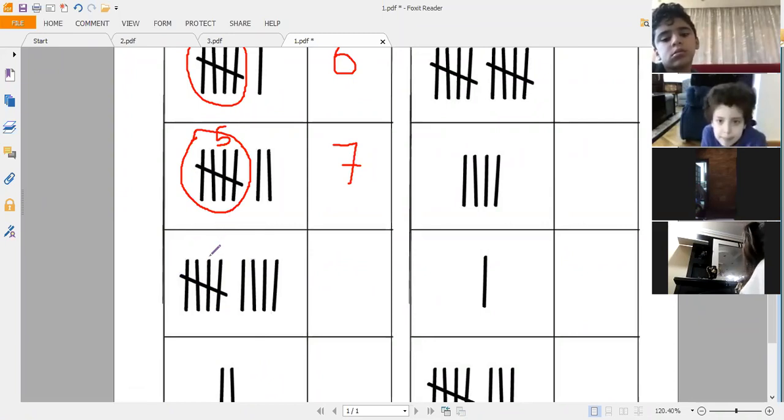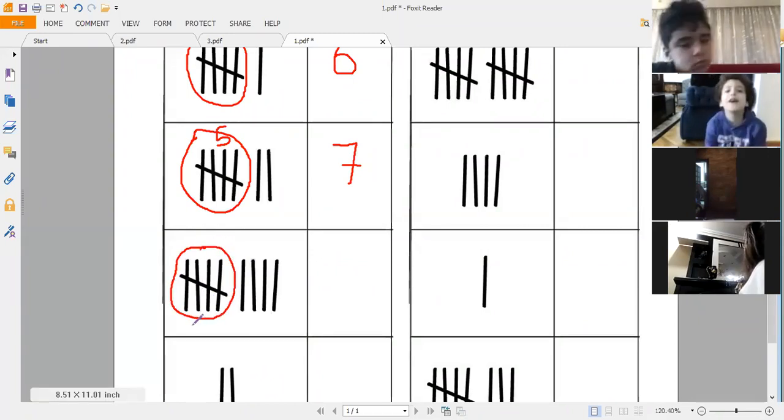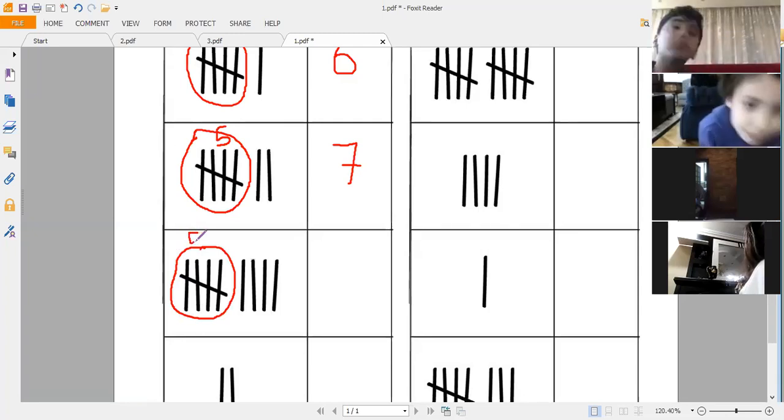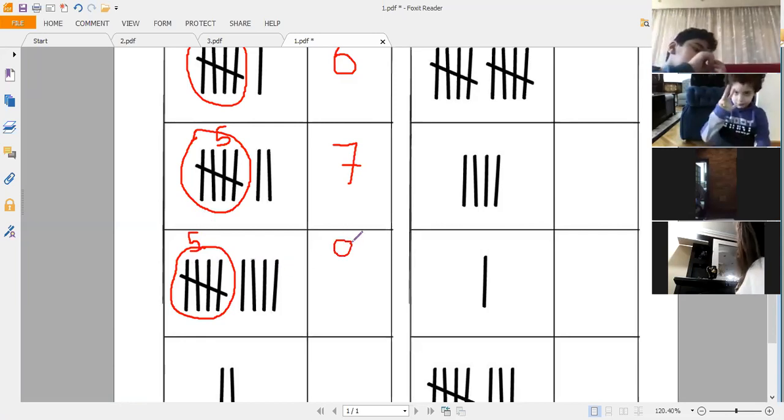Count again. We said that this shape means what? Number 5. Keep counting after 5 the rest of the tally marks. 5, 6, 7, 8, 9. So it will be number 9.